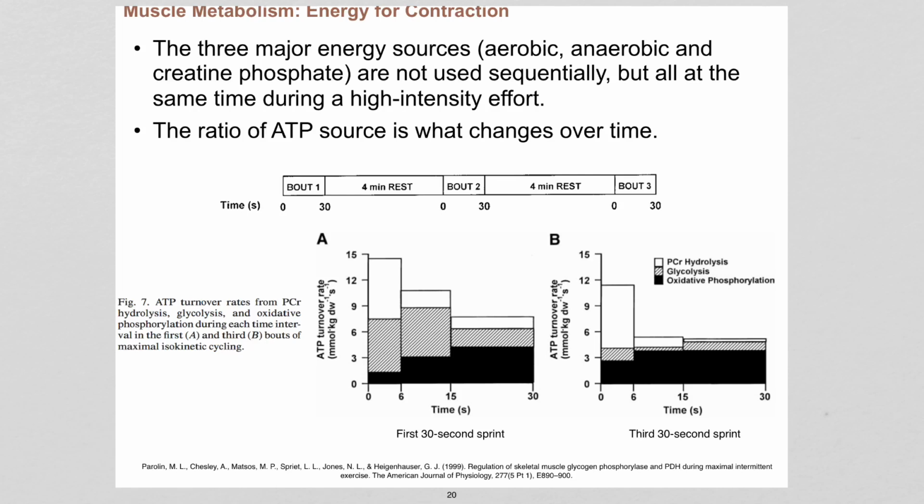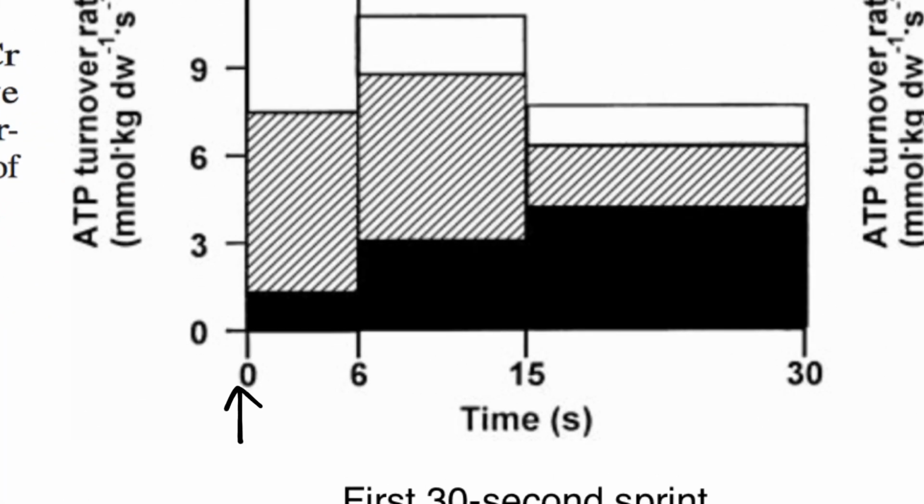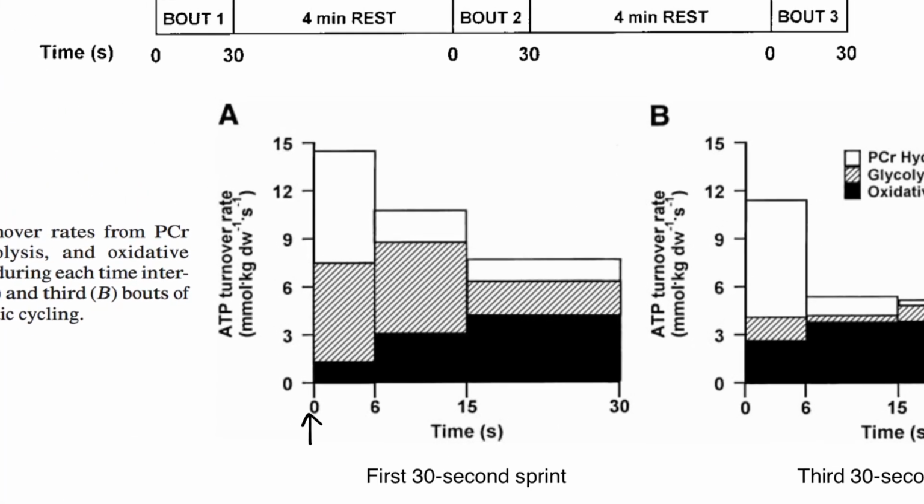And at certain time intervals, the researcher took a muscle biopsy, which basically means they stabbed a giant needle into their quadricep and took a chunk of muscle tissue out, and then did a chemical analysis to see how much ATP they were making and where exactly that ATP was coming from. So the summary is time zero is when they started their sprint, and the y-axis is ATP turnover.